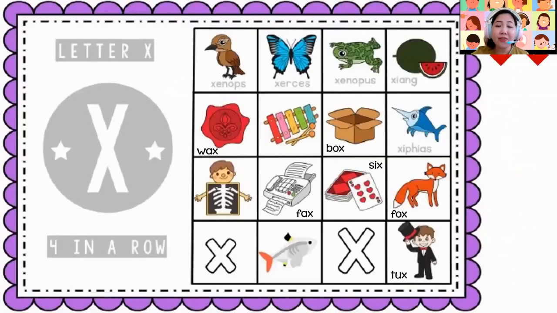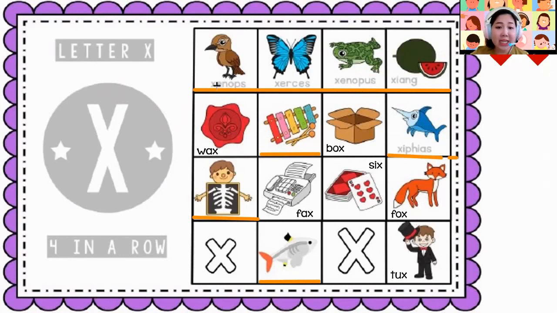Here, we have our bingo mats. So can you please get your bingo mats? And you trace your name and also the letter X. So here we have pictures that begin with the letter X. So we have 1, 2, 3, 4, 5, 6, 7, 8 pictures that have the letter X in the beginning or has the x sound in the beginning.